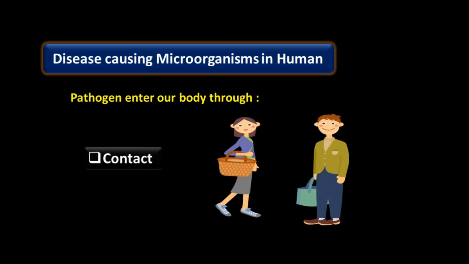When a healthy person comes in contact with an infected person, the pathogens present in the body of the infected person transfer into the healthy person's body. So pathogens enter our body through contact.